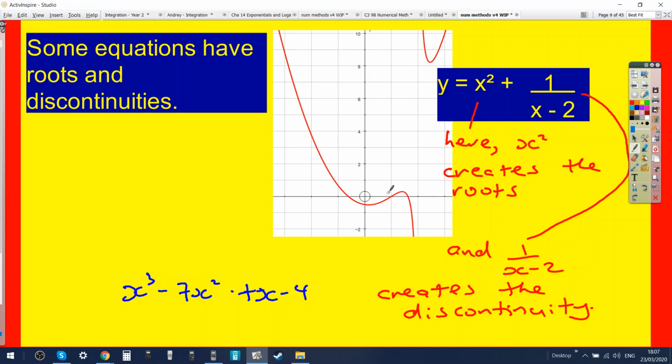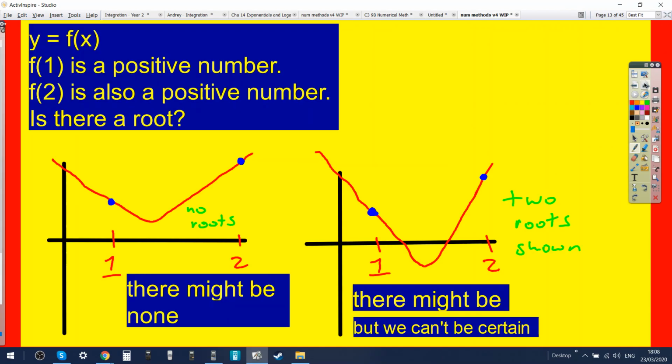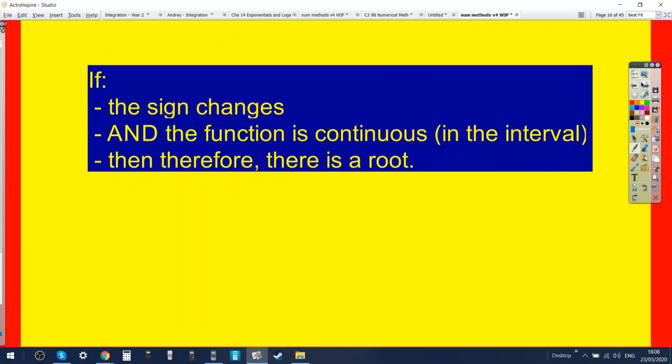So in the interval of 0 to -1, the function is continuous. It's unbroken. But let's say 1 to 3, it's discontinuous.